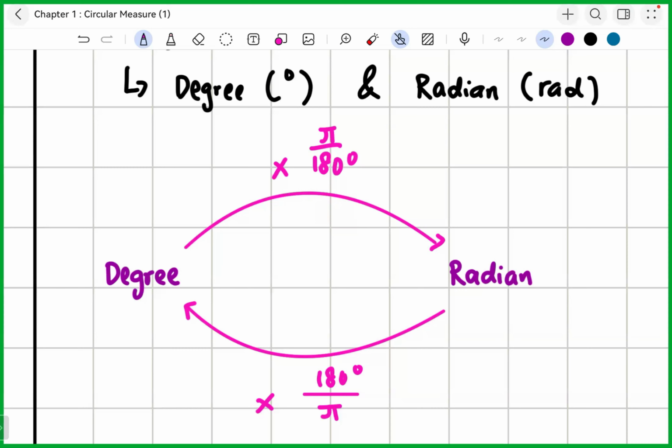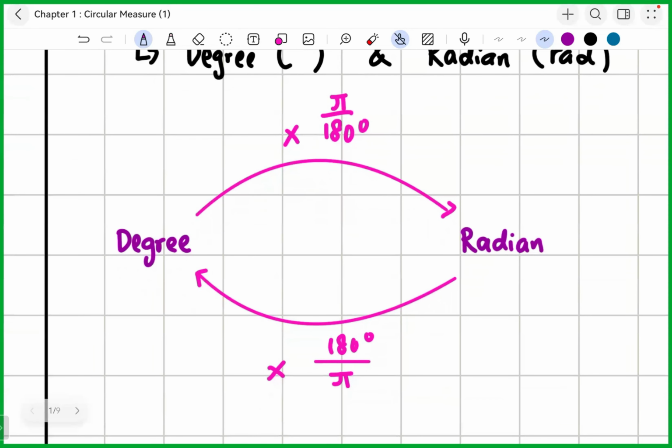Remember, we do not use 22 over 7 in any question unless the question states clearly that it wants you to use 22 over 7 as the value of pi. If the question does not mention any value, you have to use pi equals 3.142. Cannot use 22 over 7 unless the question states clearly.